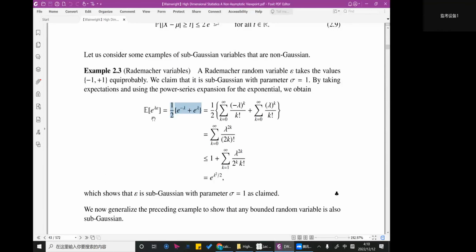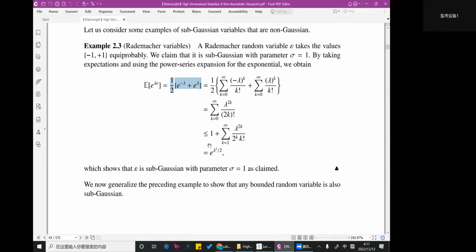We calculate the expectation of this, and by some Taylor expansion and combining this, and using the definition of E, we get this. So this shows that the Rademacher variable is sub-Gaussian.